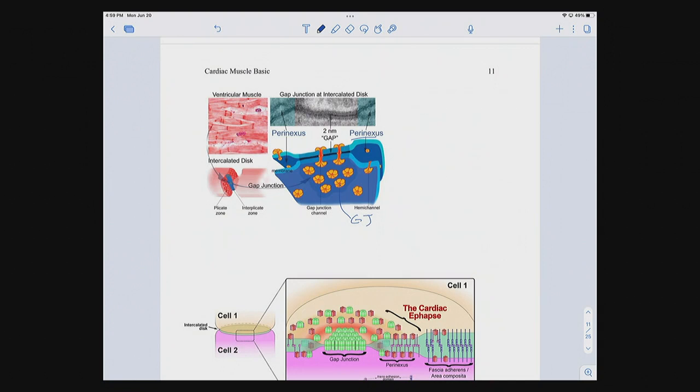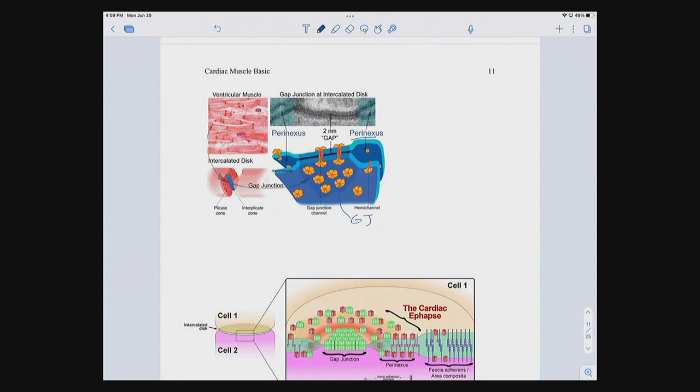Now, both contractile and non-contractile cardiomyocytes communicate via gap junctions. But the intercalated discs are only found in the contractile part of the tissue.